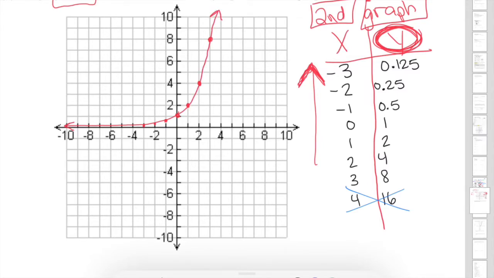Okay, so that's how you want to draw that side of your graph. The right side's much easier. You just connect your points, and then it goes up.